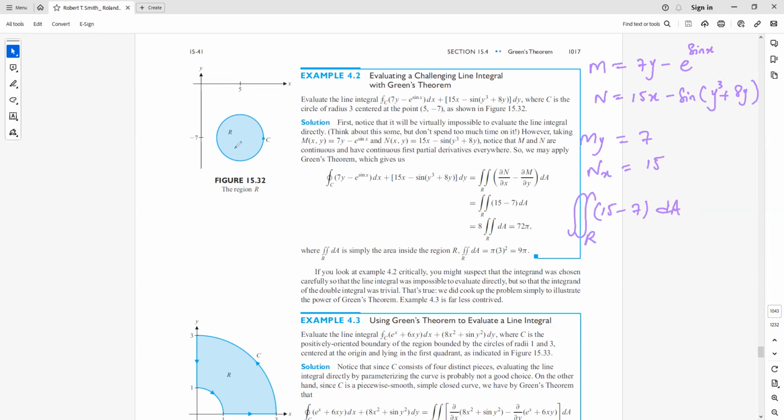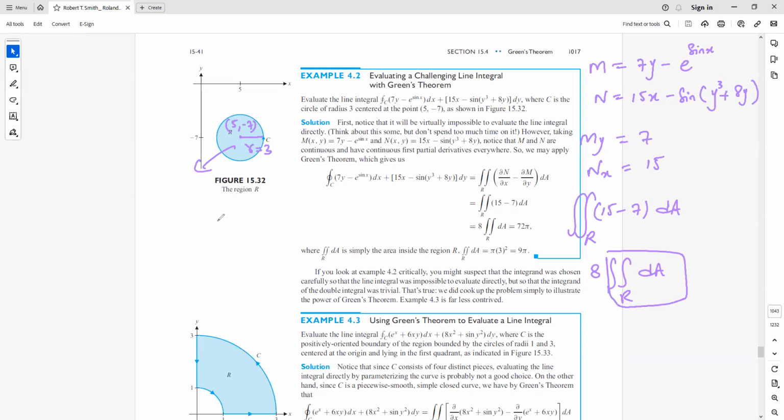Now the region is given, it is a circle of radius 3, r equals 3, and centered at (5, -7). So 15 minus 7 is 8, and the integral over the region dA is nothing but the area of this circle.